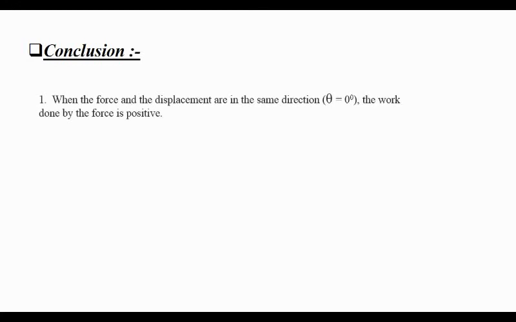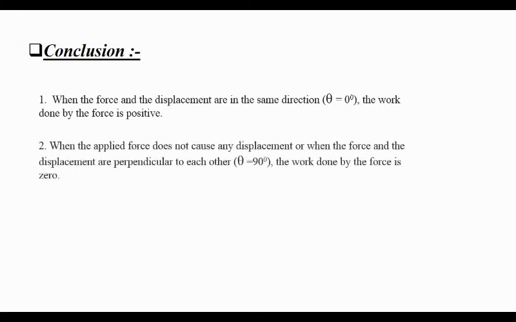The first conclusion is when the force and the displacement are in the same direction, which means the angle between them is 0 degrees, the work done by the force is positive.